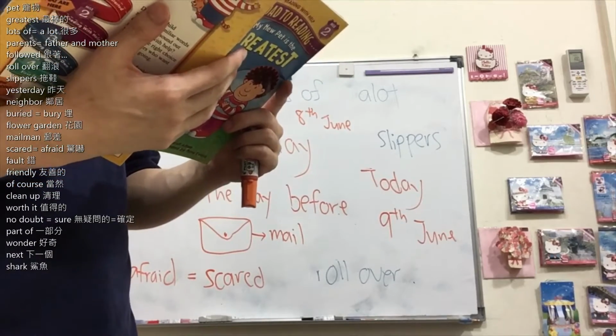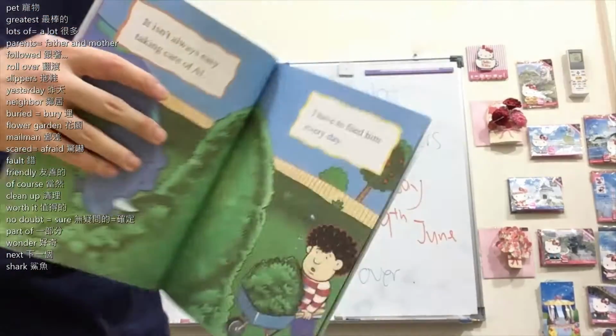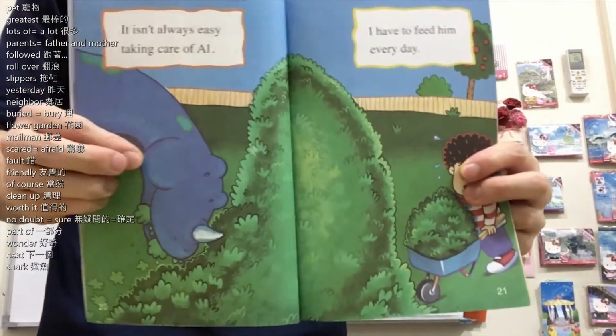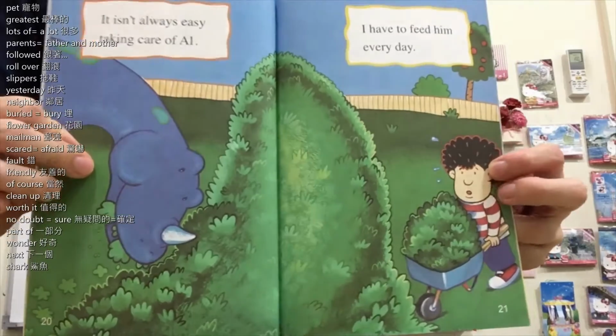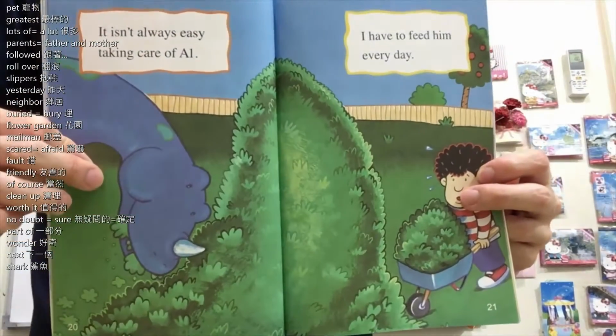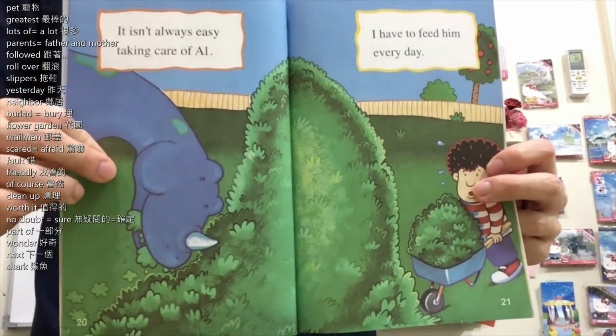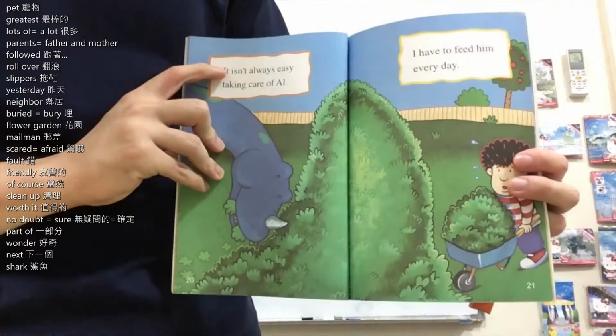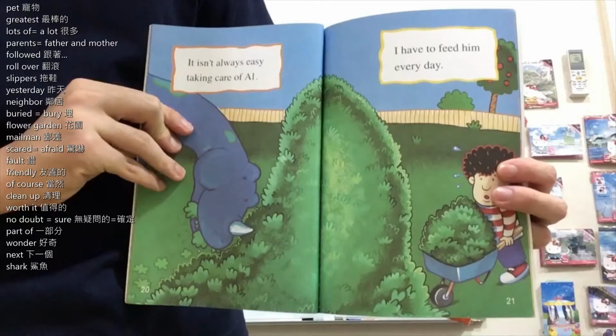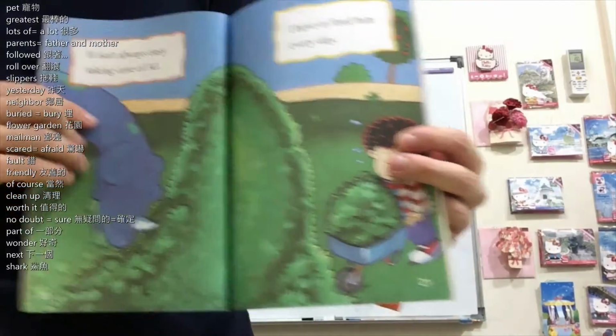I have to feed him every day. So as you can see, A1 is a big dinosaur, right? So he'll eat a lot of grass, right? A lot of leaves. Okay?